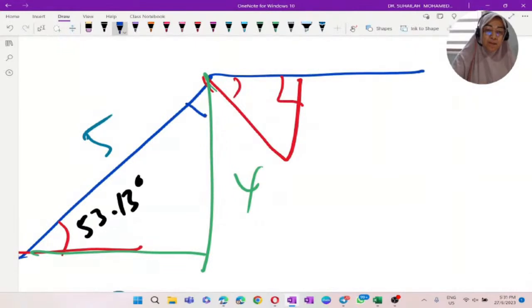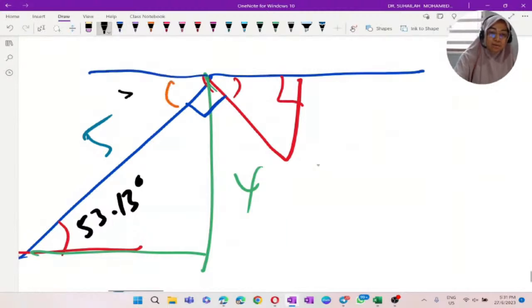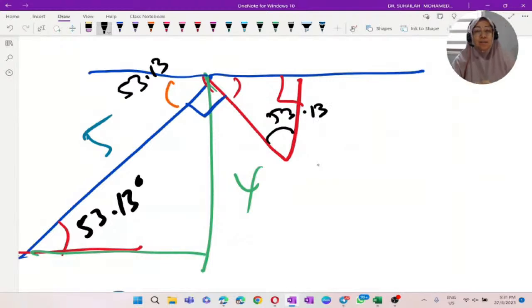Since this one is 90 degree, what we get is this one is 53.13.